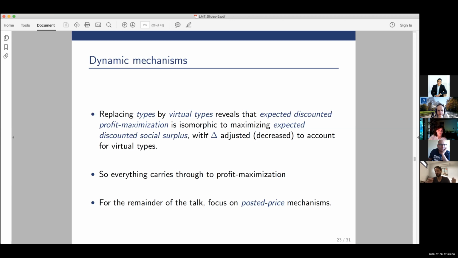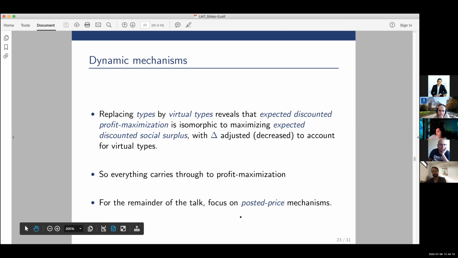Likewise, you take the difference between the virtual type of V lower bar and C lower bar. That gives you a smaller delta, but you can do comparative statics with respect to delta. Then you have the profit maximizing policy, and with an appropriately chosen queuing protocol, you get the profit maximizing allocation rule.